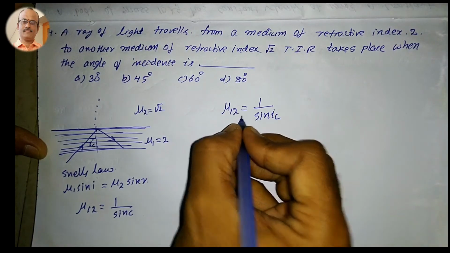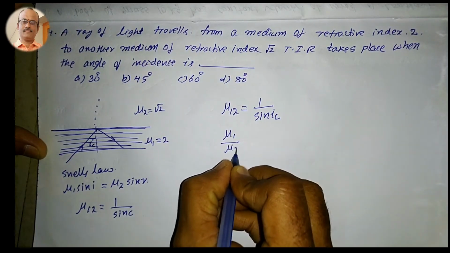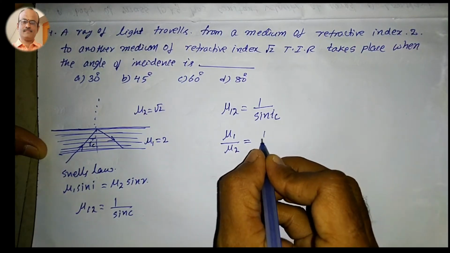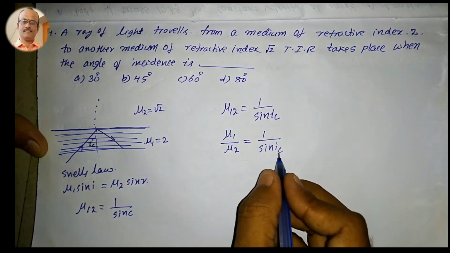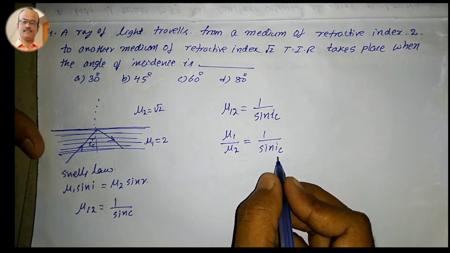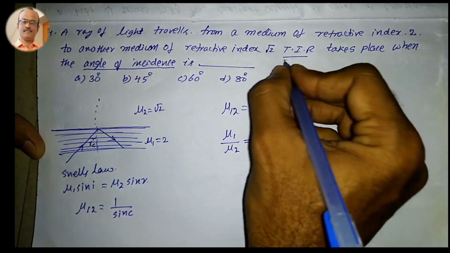So mu1 2 means the refractive index of medium 2 with respect to medium 1, which is equal to sin IC. That sin IC is nothing but the angle of incidence to get total internal reflection.